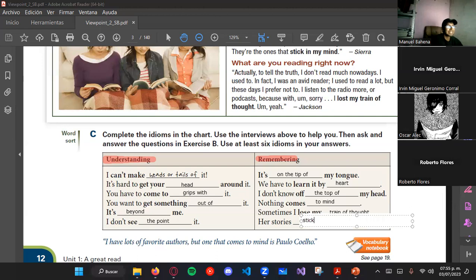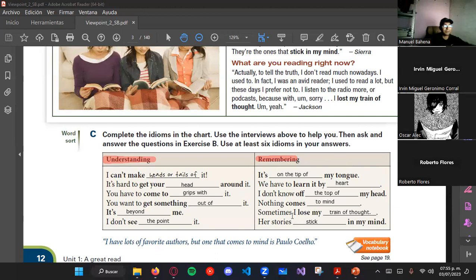And last one, her stories stick in my mind. Stick in my mind. Her stories stick in my mind, which means como que la tengo muy, se me quedó grabada, ¿no? Se me graban, se me pegan en la cabeza.